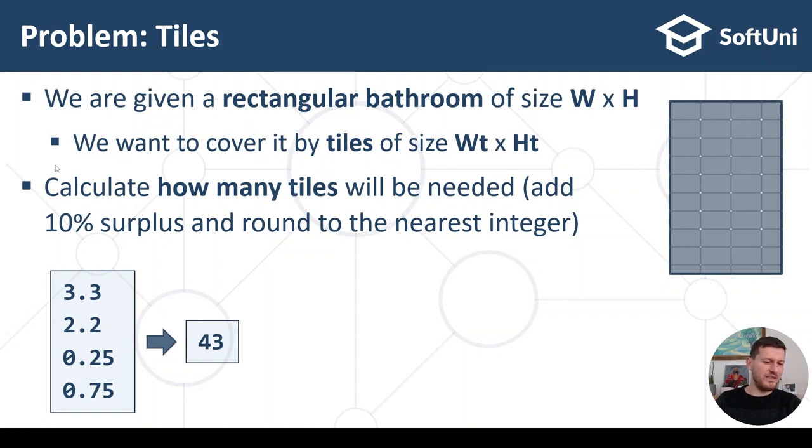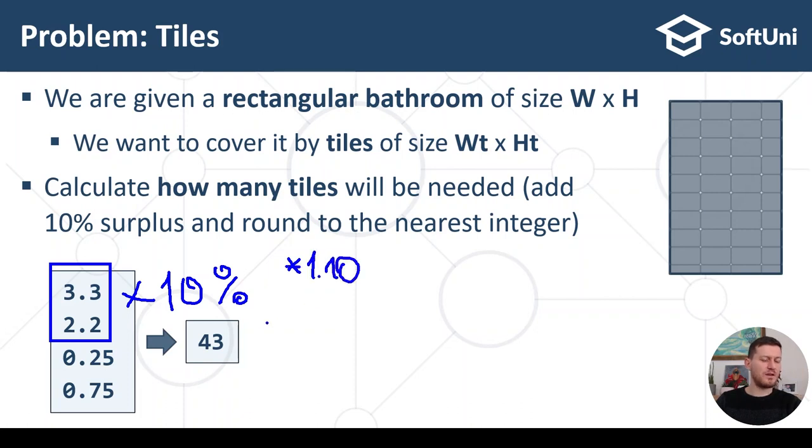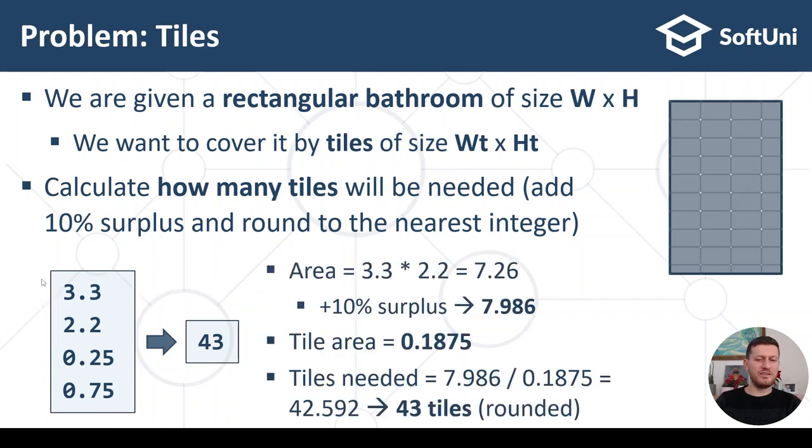Okay, so how to calculate this? If we calculate the area, and if we calculate the tile size, and if we multiply the area plus 10%, or we multiply by 1.10, okay, we will calculate the area. It's given here.